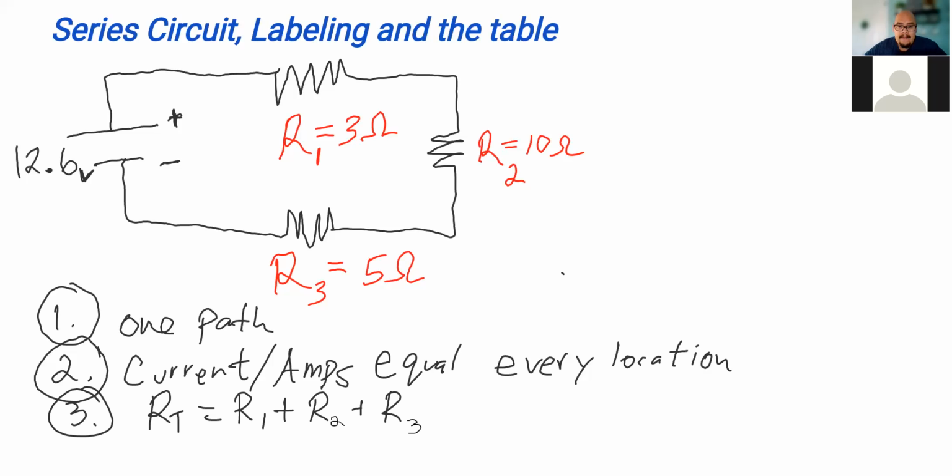Okay, and the last characteristic, I'm going to type it up.